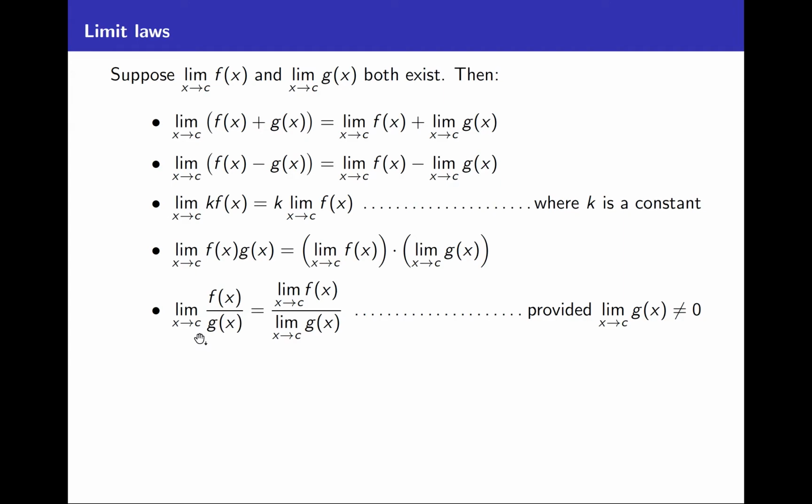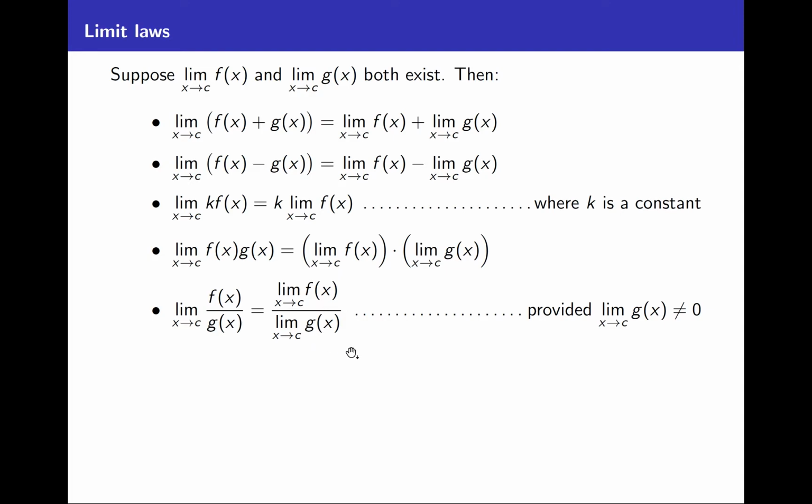Here's one that you'll use a lot. The limit as x approaches c of f of x over g of x equals the limit as x approaches c of f of x, that number, divided by the number, the limit as x approaches c of g of x. This is saying that the number that f of x over g of x is getting closer and closer to as x approaches c equals the number that f of x is getting closer to divided by the number that g of x is getting closer and closer to.